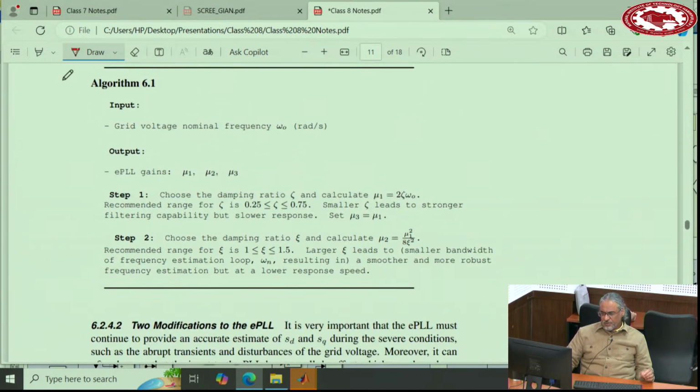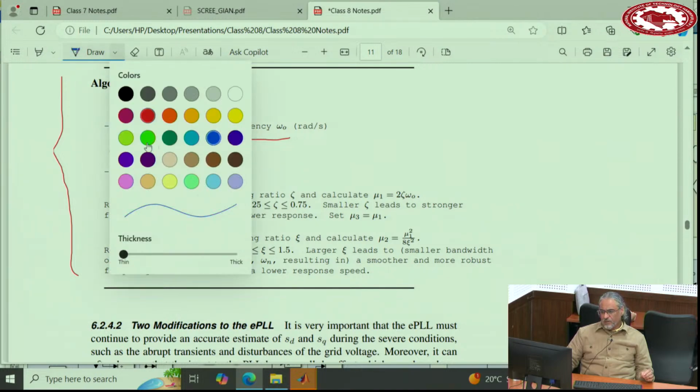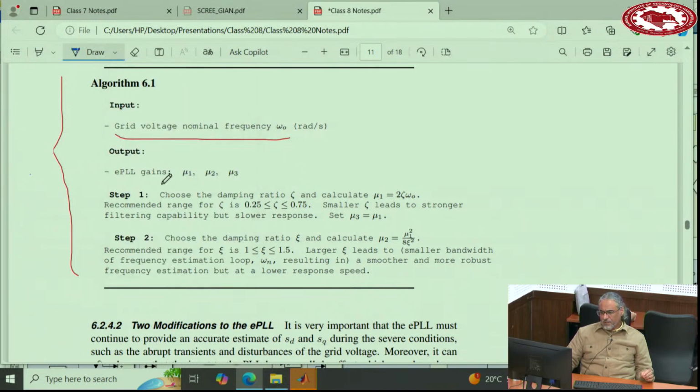So we summarized everything in this algorithm. The only thing we need to know is the frequency of the grid voltage. And then we are going to design mu1, mu2, mu3. Choose the damping ratio zeta and calculate mu1 as 2 zeta omega 0.